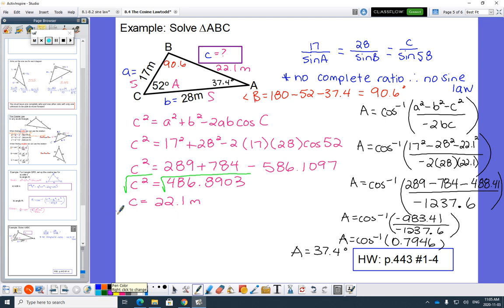Okay, so another way you could have done A as well, if this seems way too gnarly for you, then what you can do is you can always use this and then just rearrange. So we know what A is.